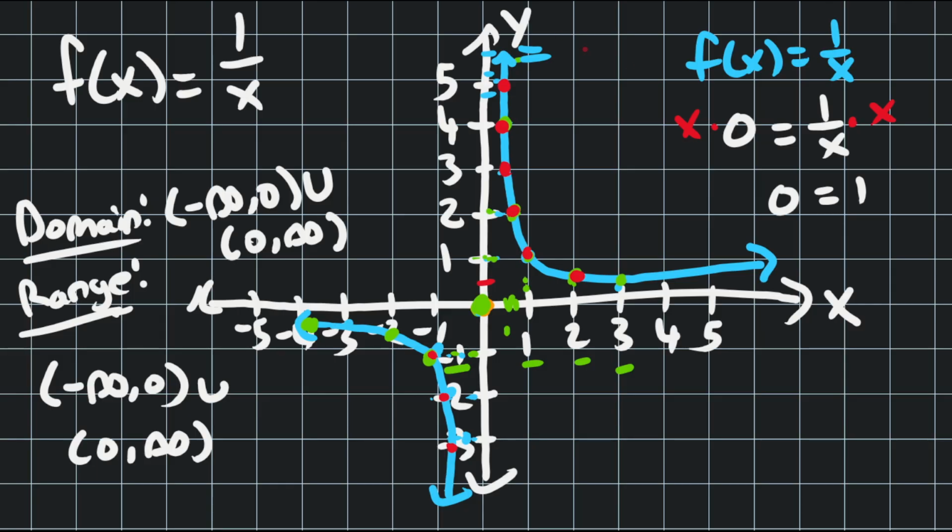And then we have this nonsensical equation, 0 equals 1, which we can't do. So 0 does not equal 1. So 1 divided by any number can never be 0. That's why our domain and our range are both every real number except 0. So that's how it works for a reciprocal function.